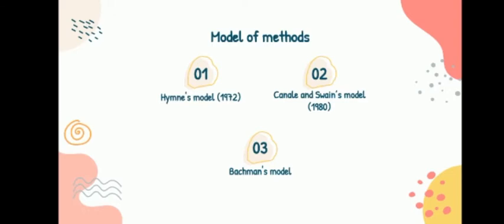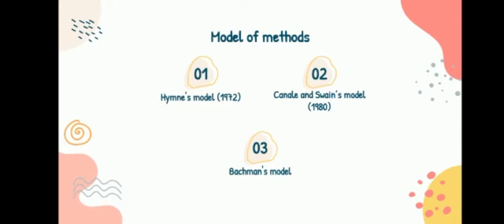Number 2. Canale and Swain's model. A later elaboration of communicative competence is found in an article by Canale and Swain, who propose that a theory of communicative competence includes at least three main competences, namely grammatical, sociolinguistic, and strategic.